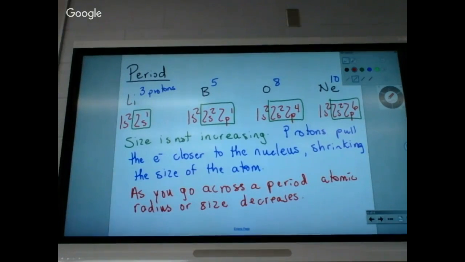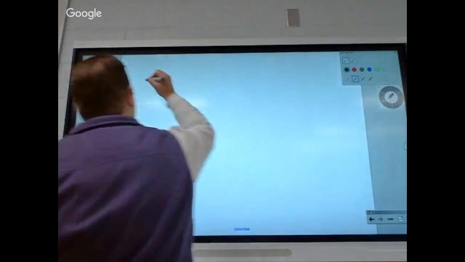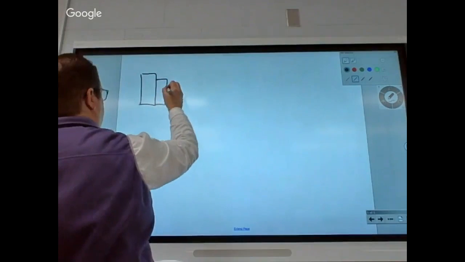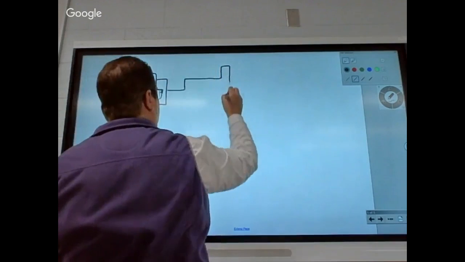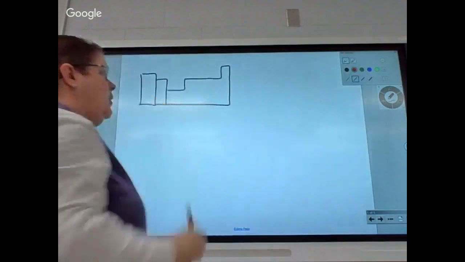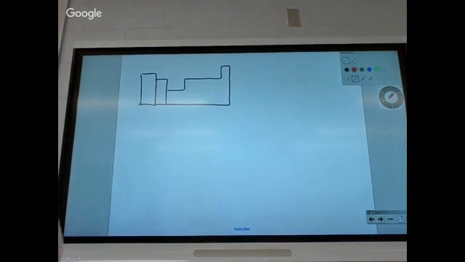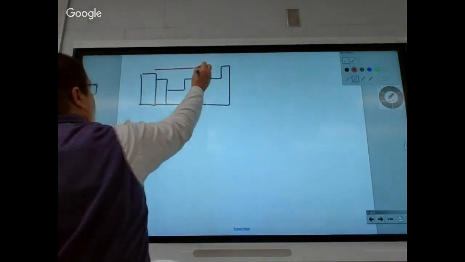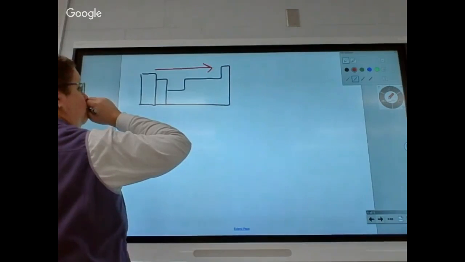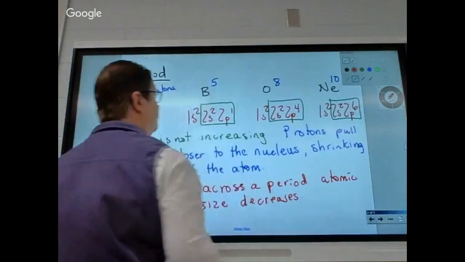All right, we caught up? Everybody had a chance? All right, and you don't have to draw this, okay? This is for visual people. I'm a visual person, so I like pictures, always have. Now, when you look at the periodic table, what did I say was going to happen to size as we go across a period?